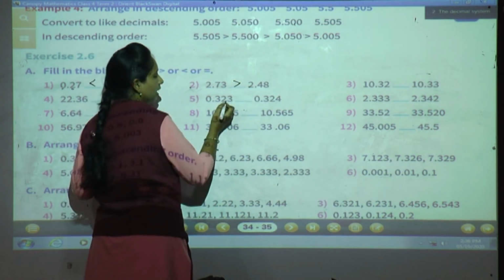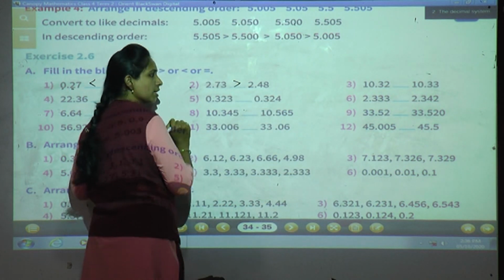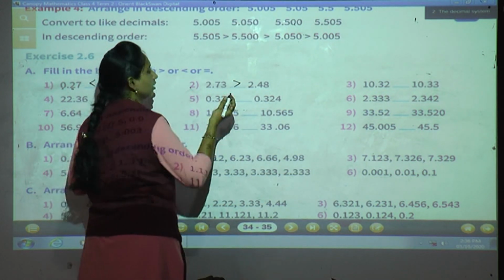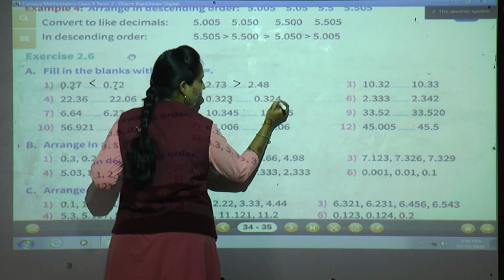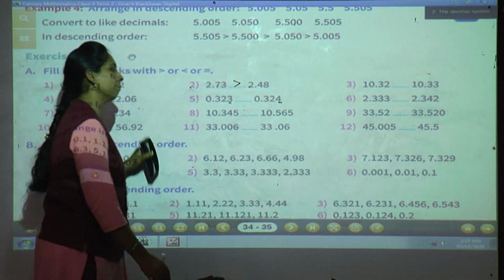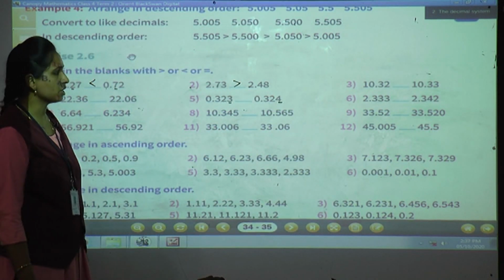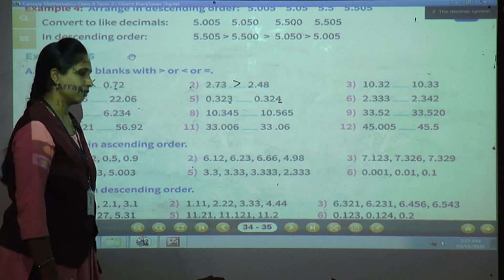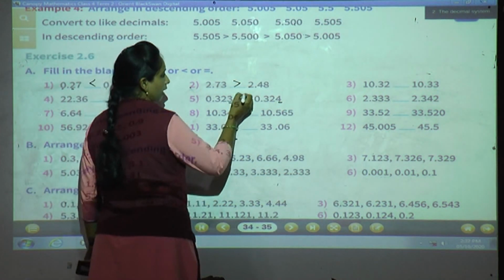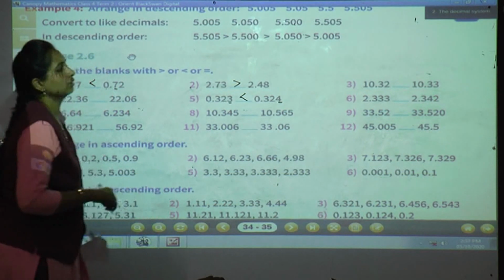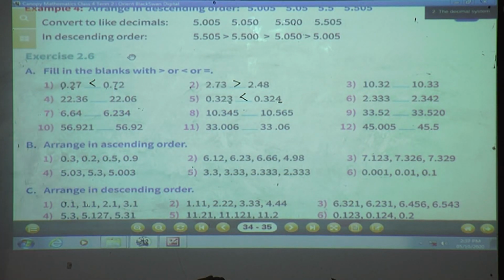Then we go with the hundredths place, again 2, 2 is there. Then we go with the thousandths place, here 3 and here 4. Now we need to compare. So tell me which is greater, 3 or 4? Of course 4 is greater, so give the arrow to 4. Clear? Yes, very good. Now next example.